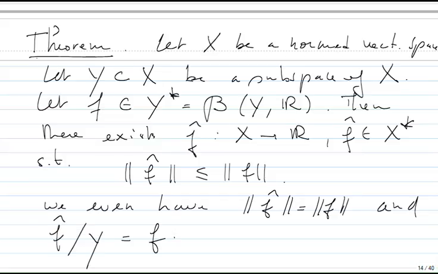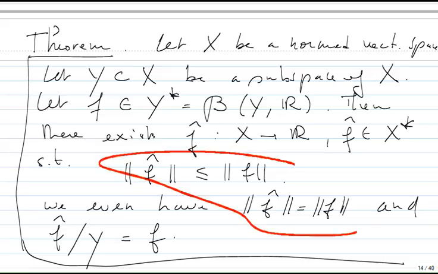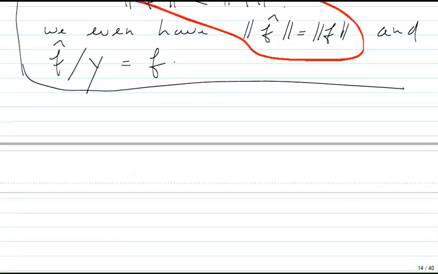So it's an extension of the linear function f defined on the subspace. Here the amazing part is truly the preservation or the control of the norms, because usually the extension has a bigger norm.